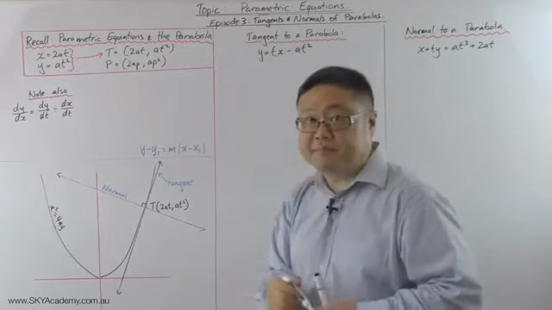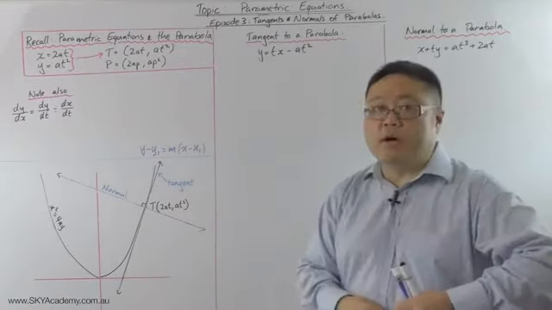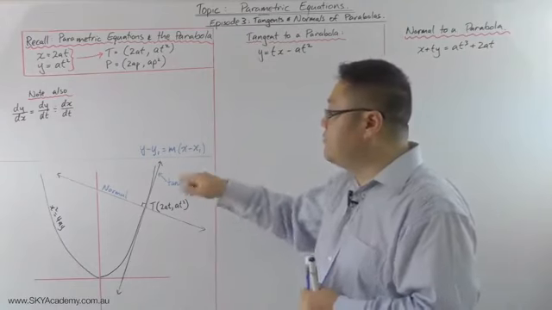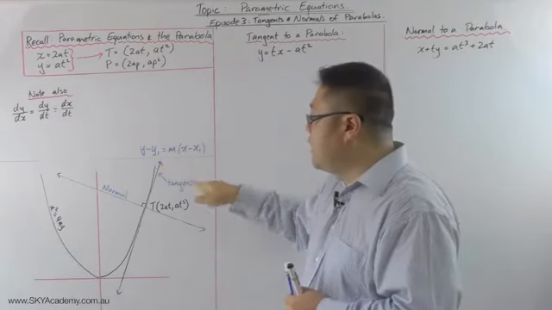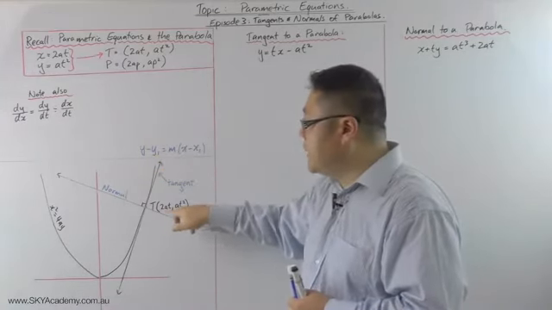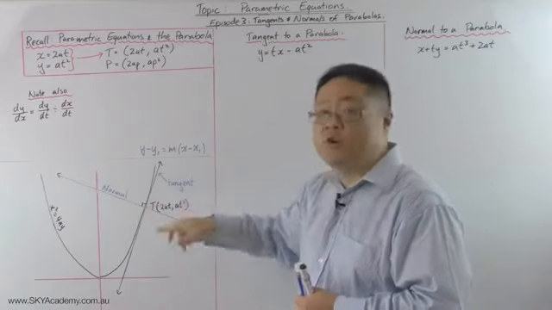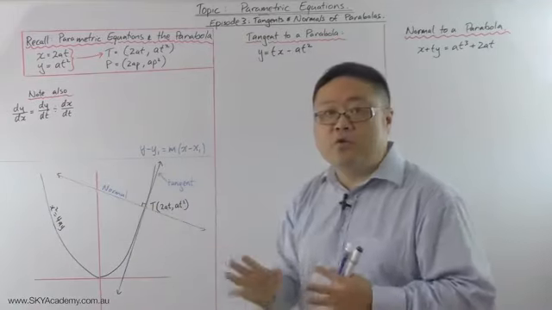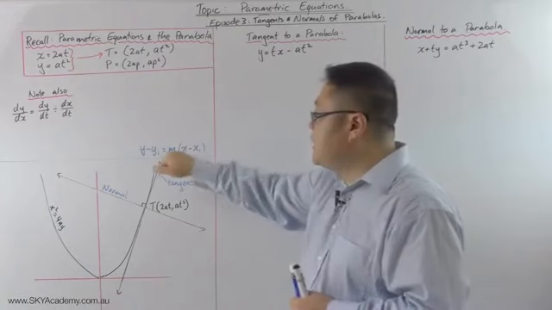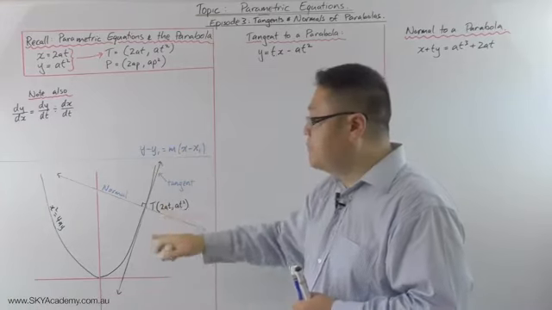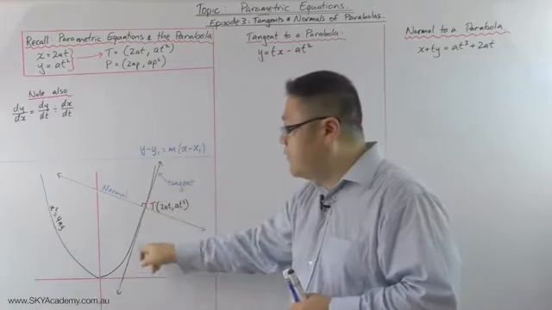That's the equation of a straight line. Here, x1 and y1 are 2at and at squared, because that's the point of contact that the tangent and the normal make.